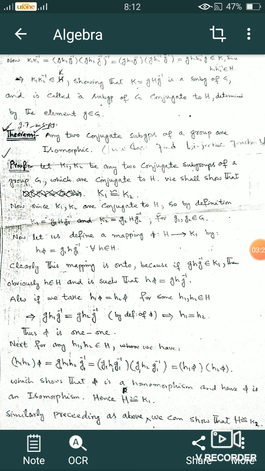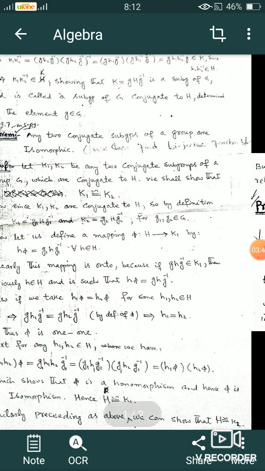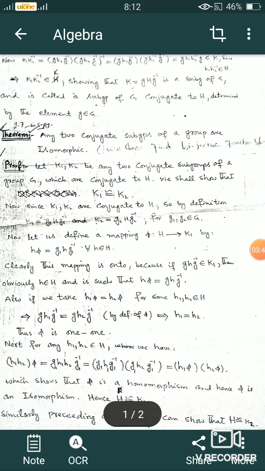Next, for any h1, h2 belonging to H, we have h1h2 under phi is equal to g1h1h2g1 inverse. Now we can write g1h1g1 inverse, bracket, g1h2g1 inverse, bracket.